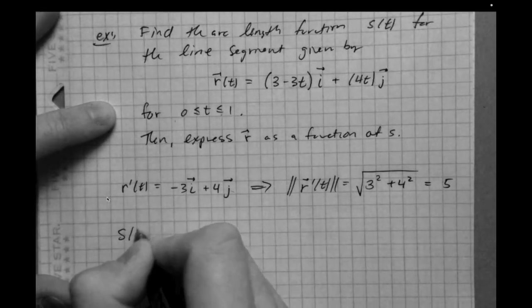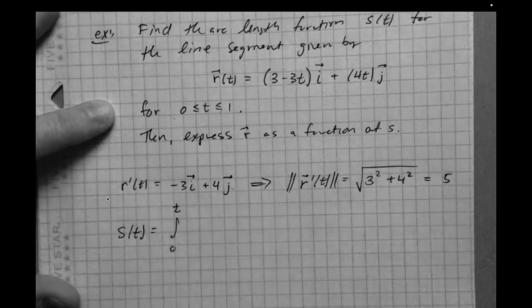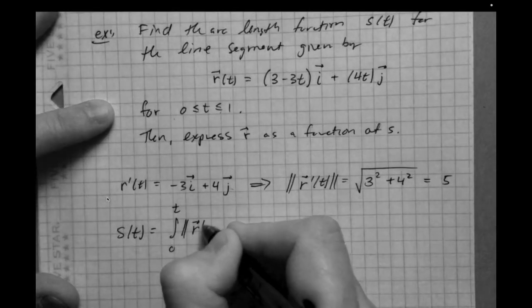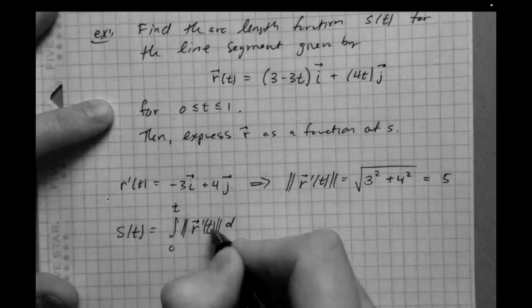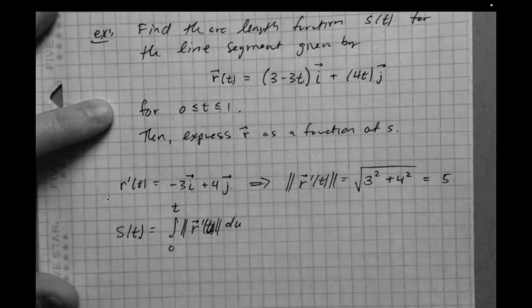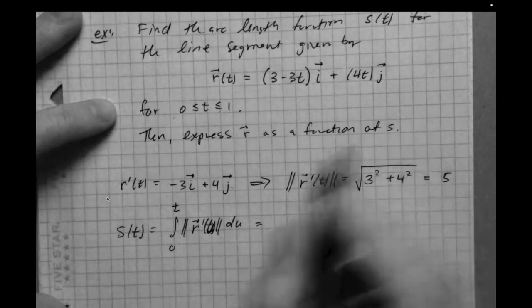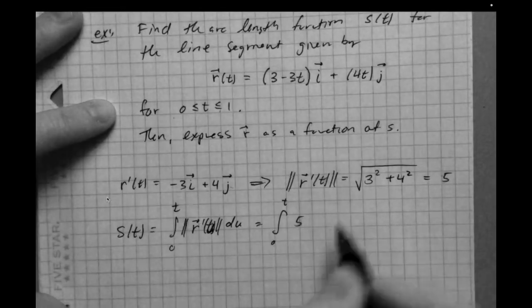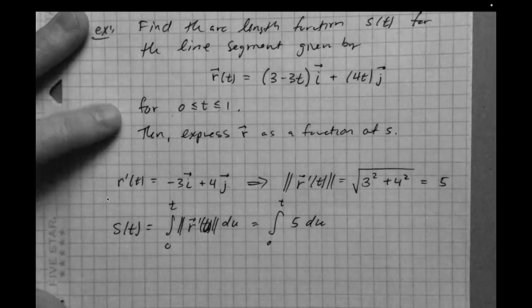So s of t is equal to the integral from 0 up to t of r prime of u du. And so just plugging these things in, we get the integral from 0 up to t of, in this case, the constant 5 du.